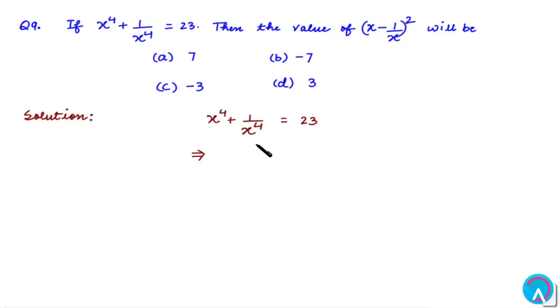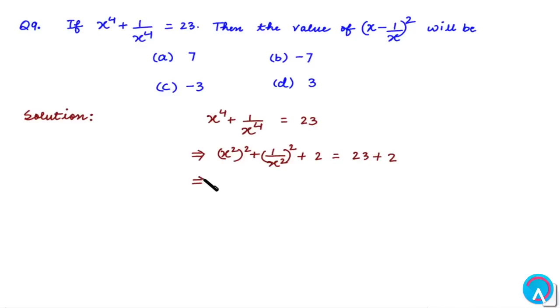Now what we can do here is, for x to the power 4, we can write x square whole square plus, and for 1 by x to the power 4 we can write 1 by x square whole square, and here we can add 2. This is equal to adding 2 also on this side.